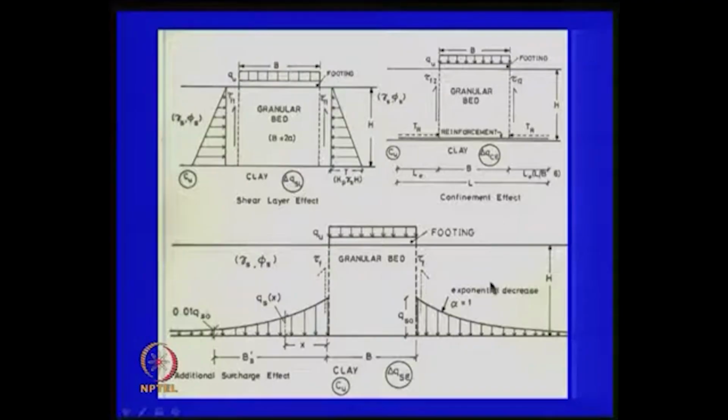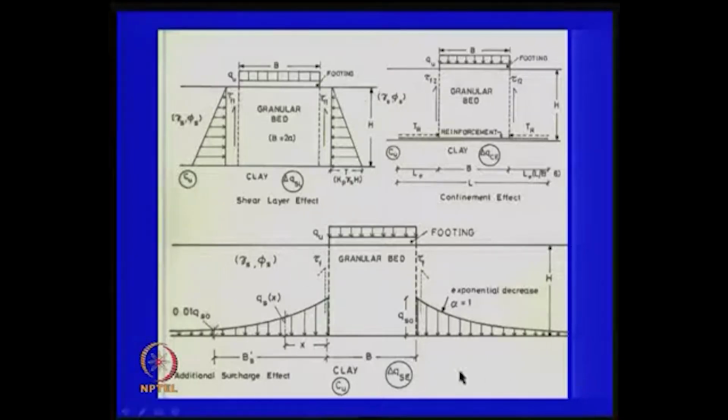There are three deltas coming up here, and the other important thing is the additional surcharge effect. Actually, it also has a surcharge effect, because it acts as a surcharge.